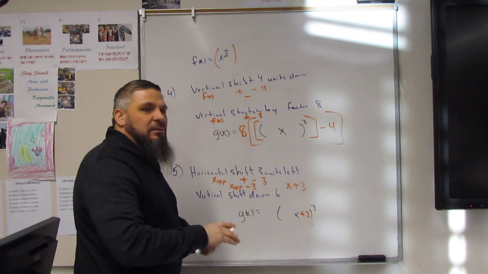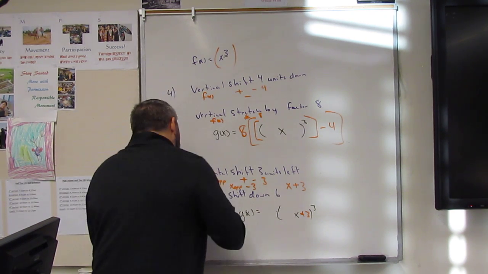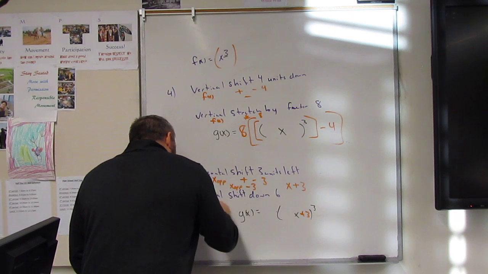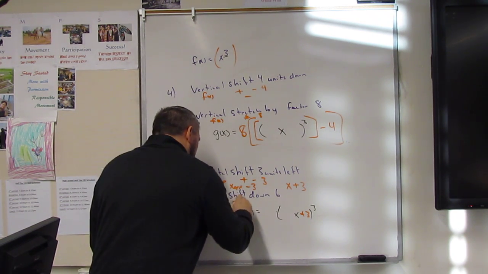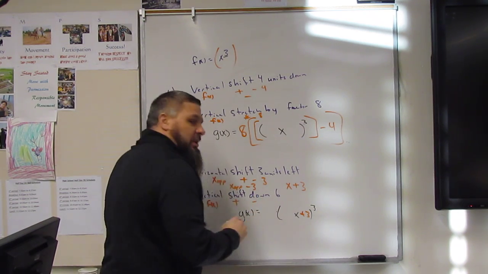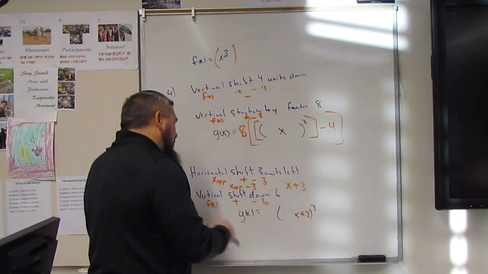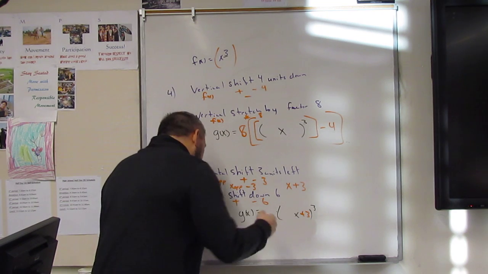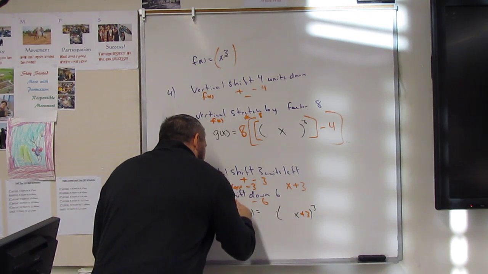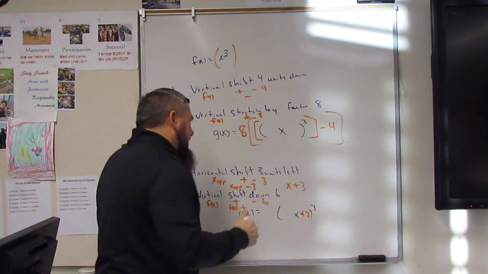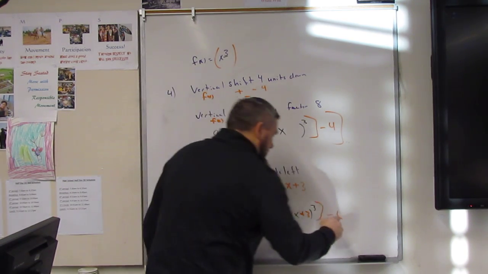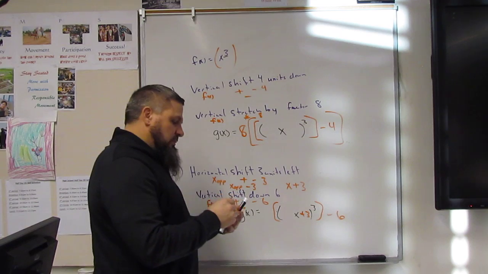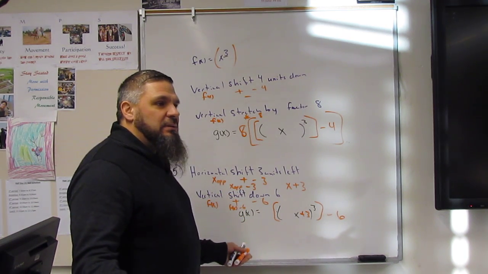Vertical means f of x. Okay, shift, down, 6. What does plus minus mean? Minus. So that's f of x minus 6. So I take this whole function minus 6. Okay? That's it. That's all we're doing.